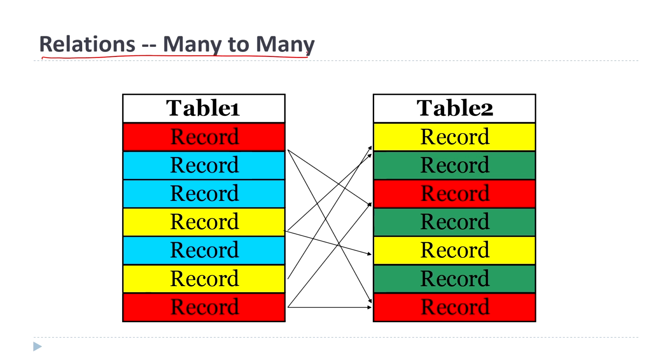So, this relation is many to many, which we call M to N in the cardinality thing, right.